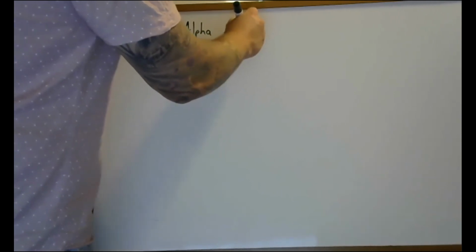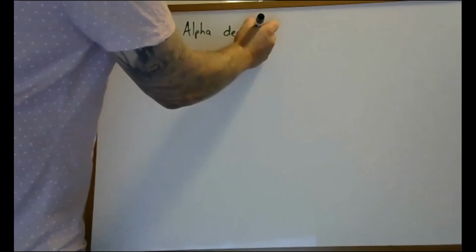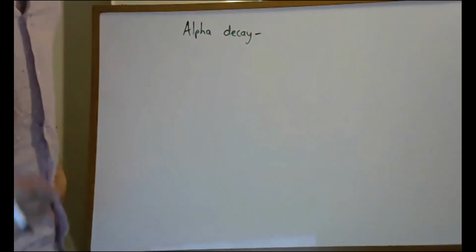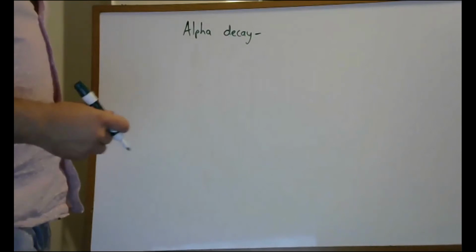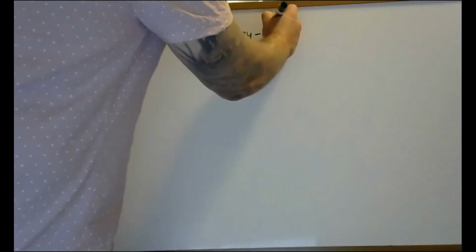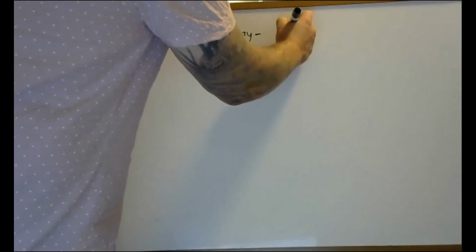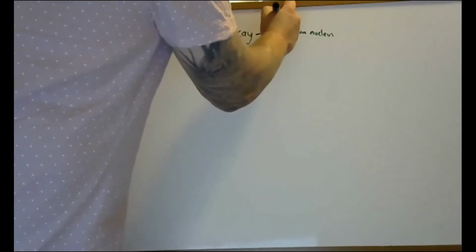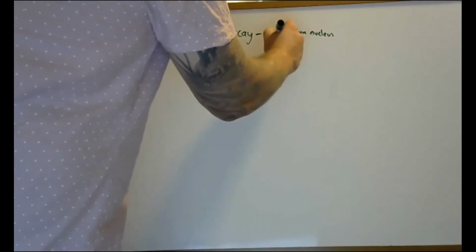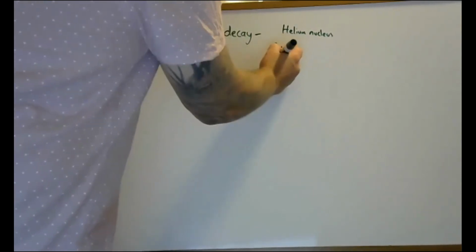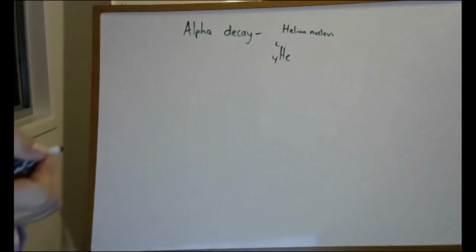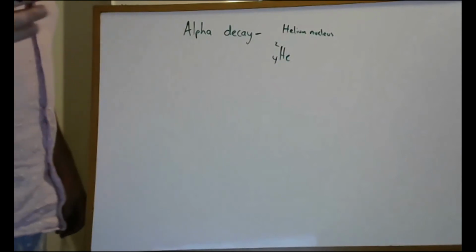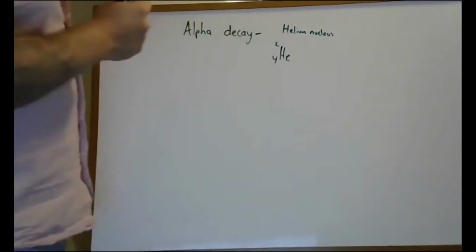We have alpha decay, where there's so many neutrons that the element spits out an entire helium nucleus.